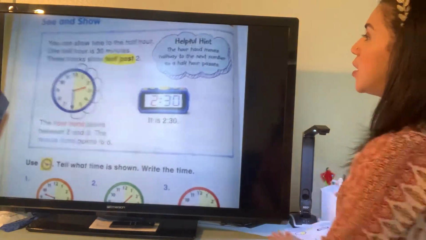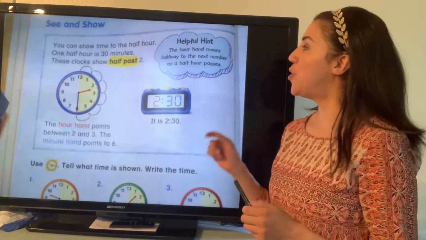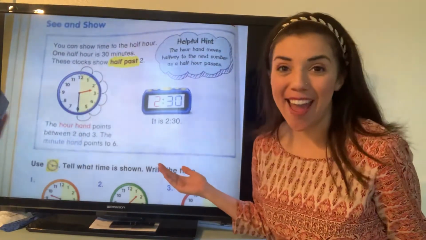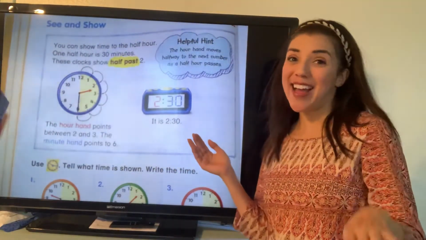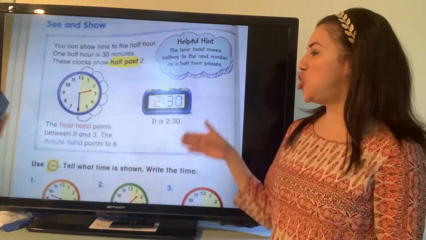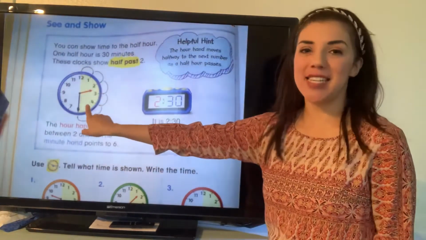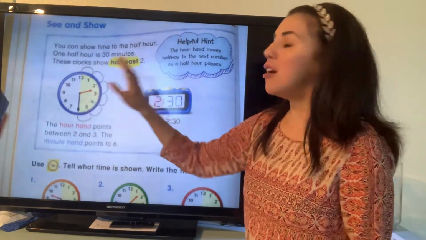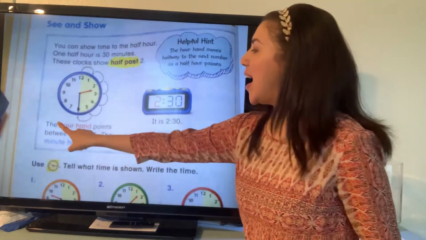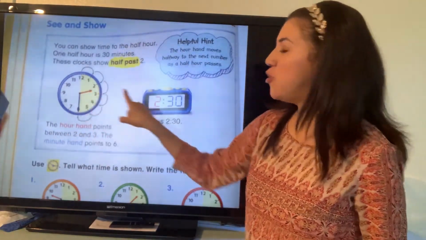Okay, so you can show time to the half hour. 1 half hour is 30 minutes. Hey, we already know that. These clocks show 2:30. Okay, so look at this analog clock. Now this is where it can get a little tricky, you guys, because the hour hand points between the 2 and the 3.